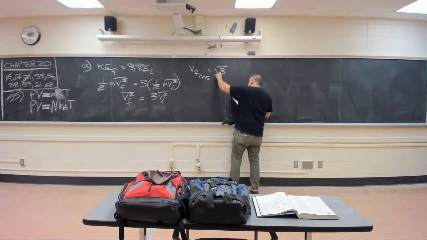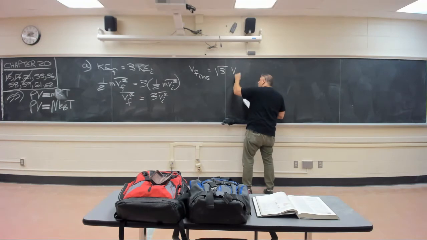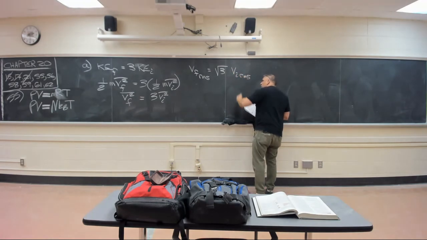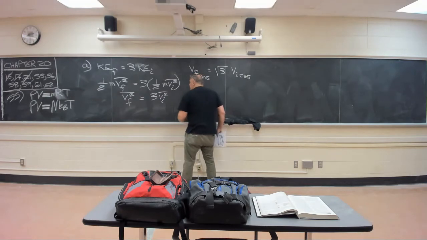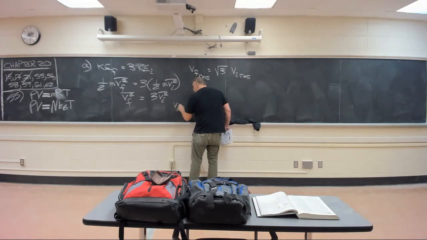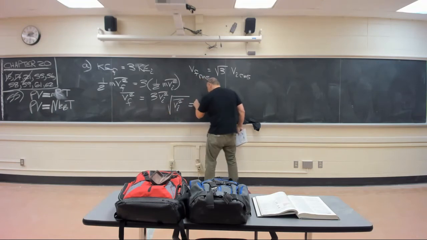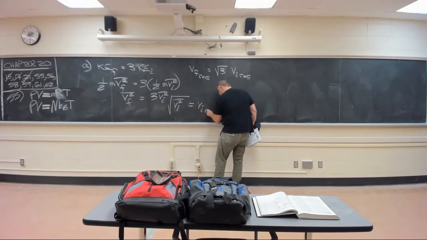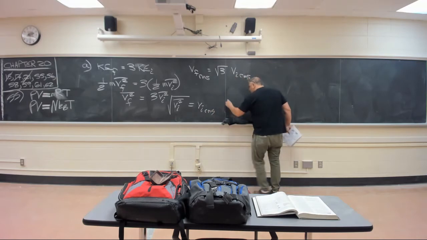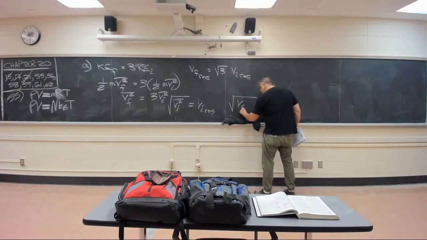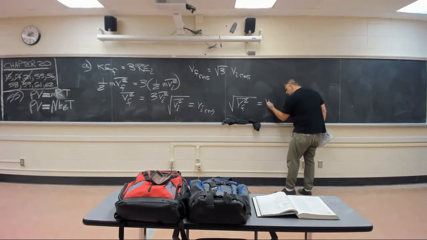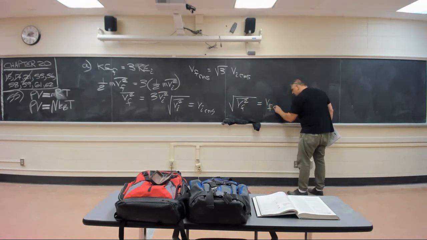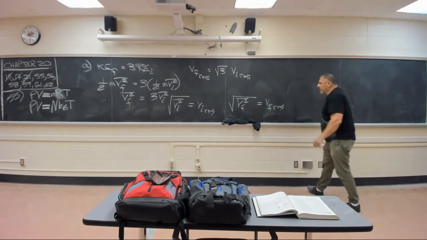When you square root these averages, you get v_i RMS, and on the other side, v_f RMS.